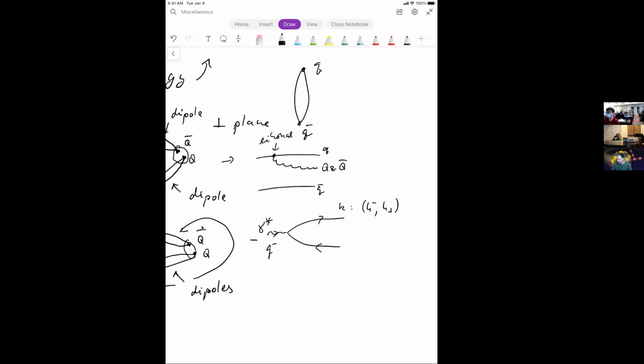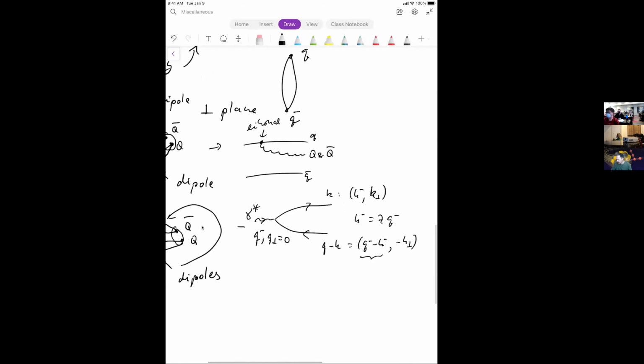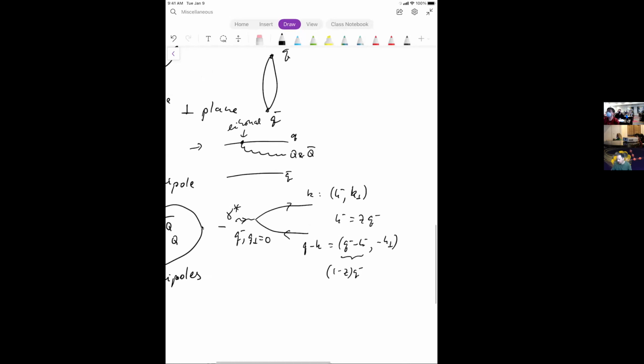K minus we write as zq minus, and it is moving along the z-axis. And there is some k perp. You can even choose initially q perp of the photon 0, right? Then the antiquark, which will carry q minus k, will have q minus minus k minus and negative k perp, right? So this is 1 minus zq minus, just a different longitudinal momentum fraction. But in transverse momentum, they are kind of back to back.